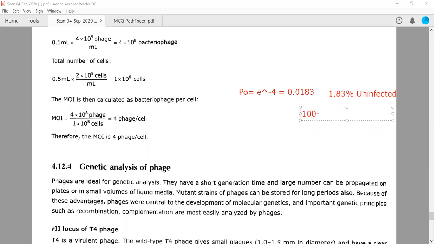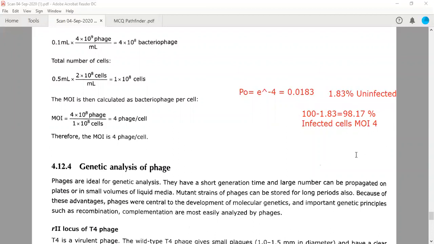If you need the percentage of infected cells also, what will you do? You need to subtract this number, 1.83, from 100. So you will get 98.17%. So this percentage of cells will be your infected cells at this multiplicity of infection 4, right?